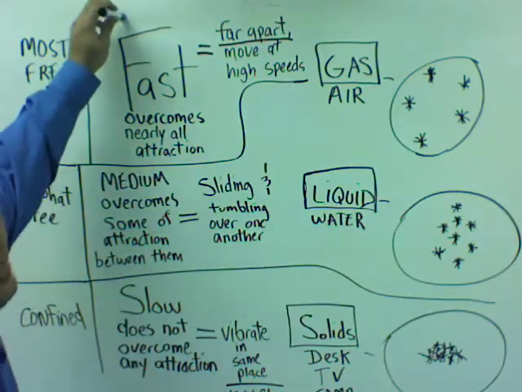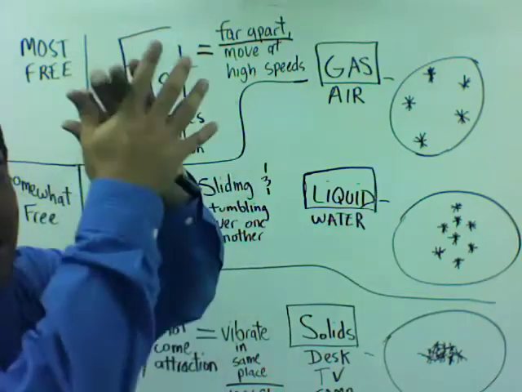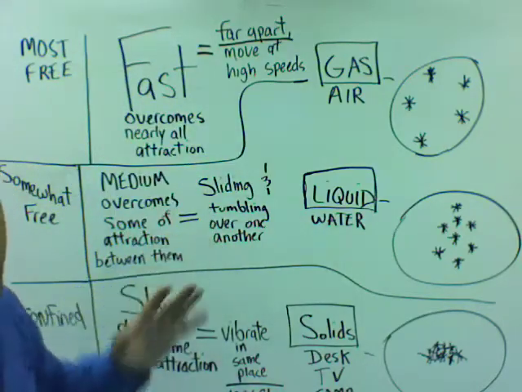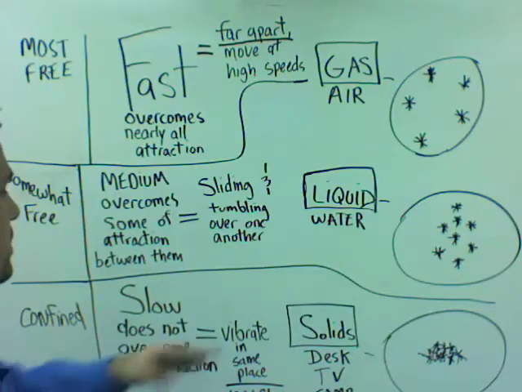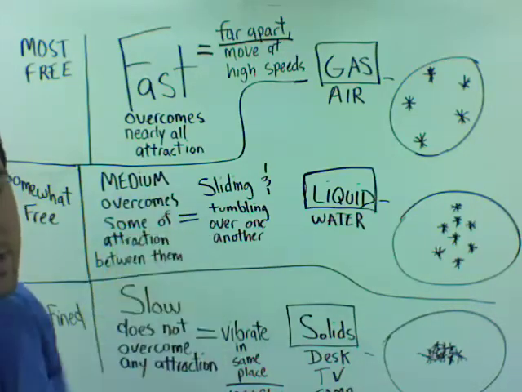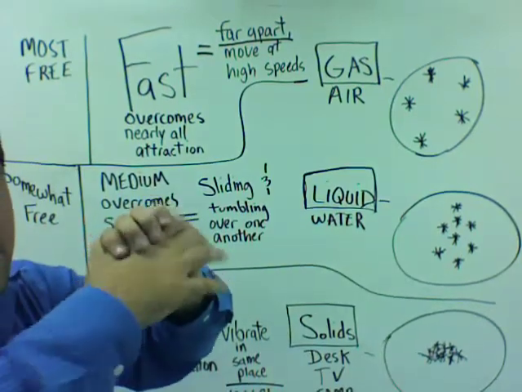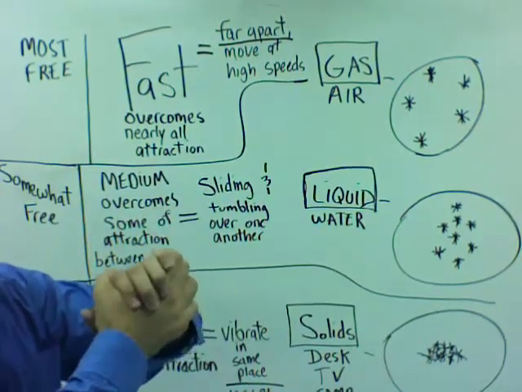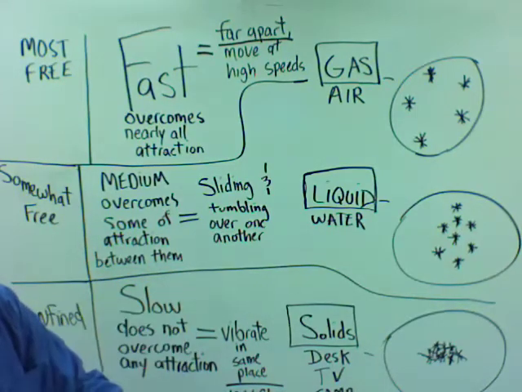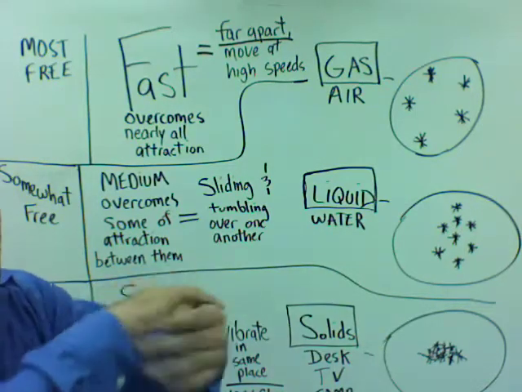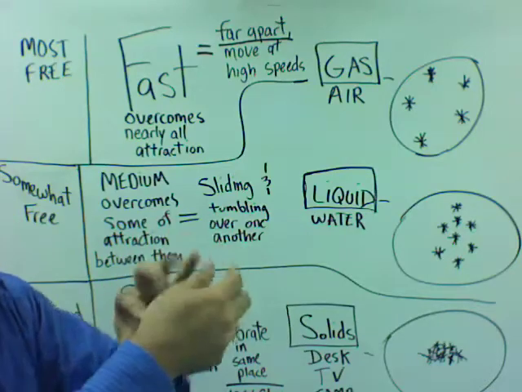They are a little bit more loose than solids, which are confined to themselves. Then you have liquids, which are tumbling and moving around each other, a little bit more free.